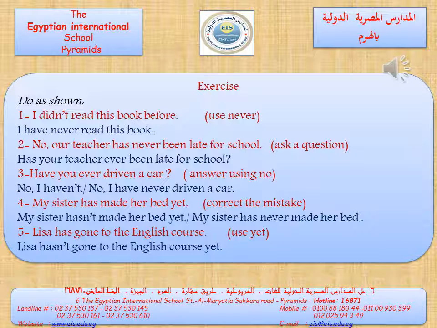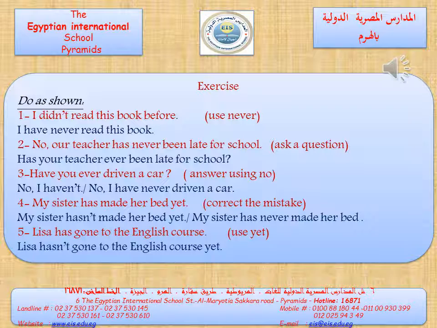So the answer will be: "I have never read this book before." In the present perfect we use subject plus "have" or "has" plus "never" plus the past participle verb: I, have, never, read.